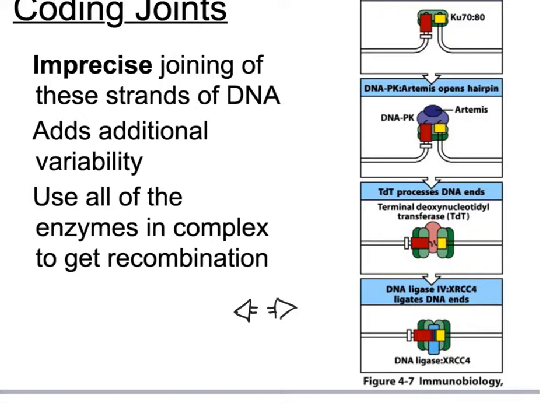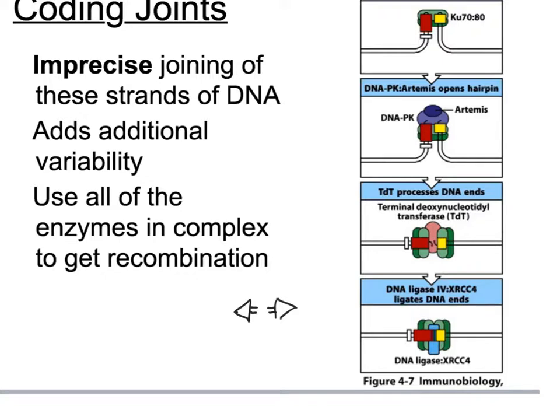The next part of this cascade of events is something called TdT, terminal deoxynucleotidyltransferase. What? Terminal means at the end, not terminal as in dead. Terminal is at the end.